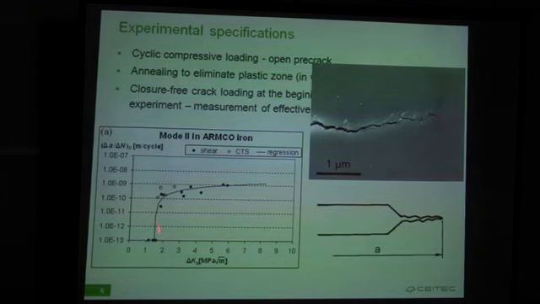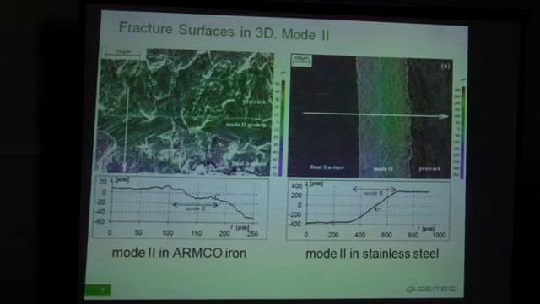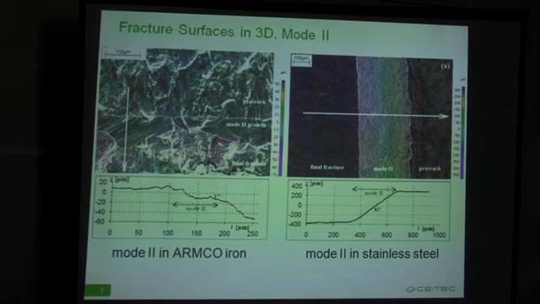By this method, we could measure the effective thresholds, because at the beginning of the experiment, we had really closure-free data. After the crack started propagating in mode 2 or mode 3, some closure occurred, and we already had some retardation. But for the threshold and the initial direction of the crack propagation, you could consider it as intrinsic behavior.